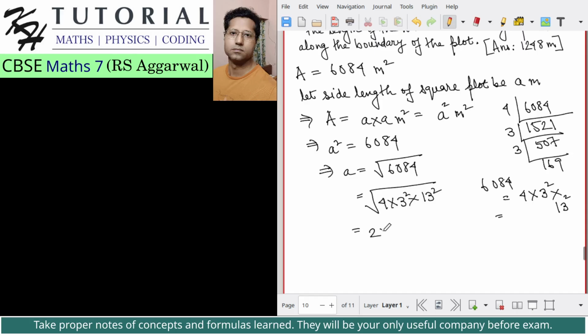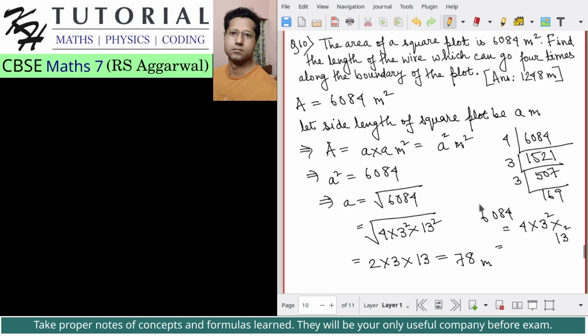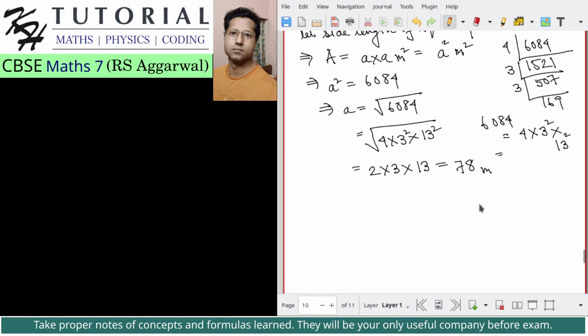This will be equal to 2 multiplied by 3 multiplied by 13, which is equal to 78. Okay, so the side length of the square plot is 78 meter. So the perimeter, we know for a square, is 4 times the length of the side. So 4a meter, which is equal to 4 multiplied by 78 meter, which is equal to 312 meter.